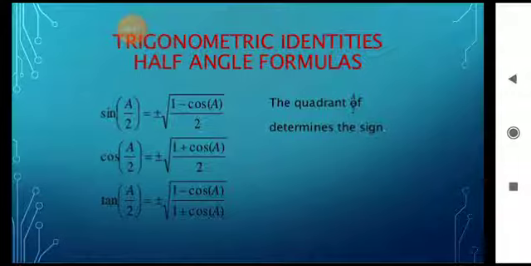Trigonometric identities of the half angle formula. Sin A by 2. In the previous slide the angle was doubled, and in this slide it is half.